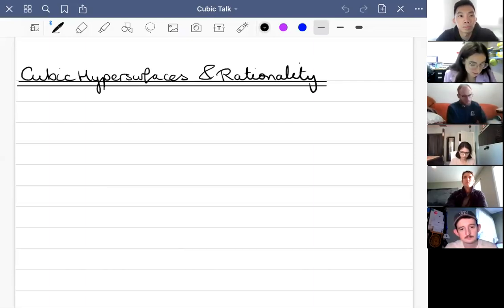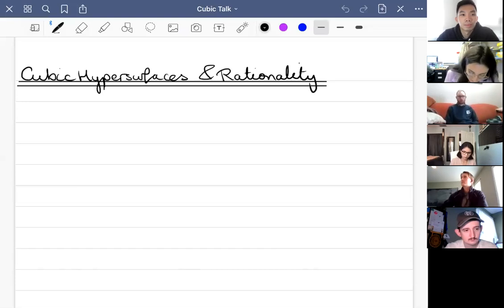First, I want to start with just reminding everybody the setup. This is a topic in projective geometry. So I'm first going to remind you of projective space. Whenever I write this bold Pn, this is always complex projective n-space.